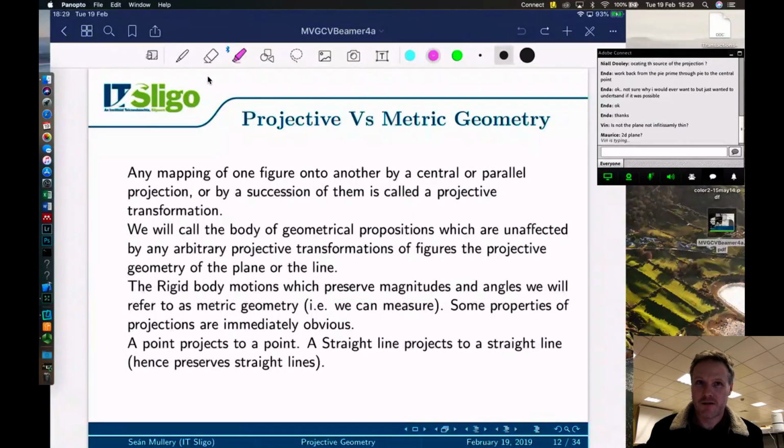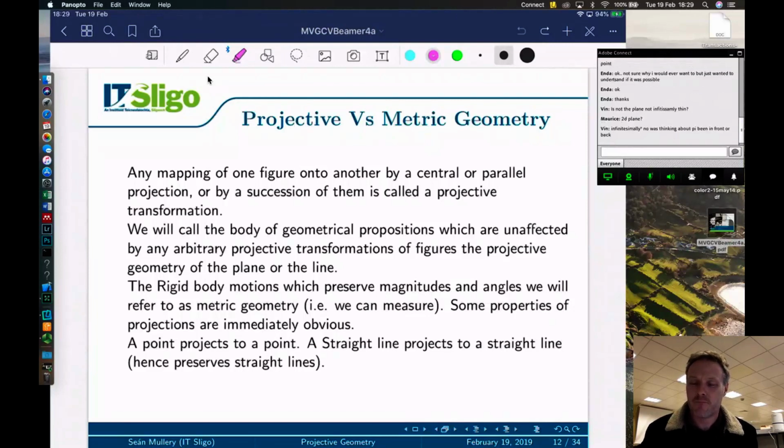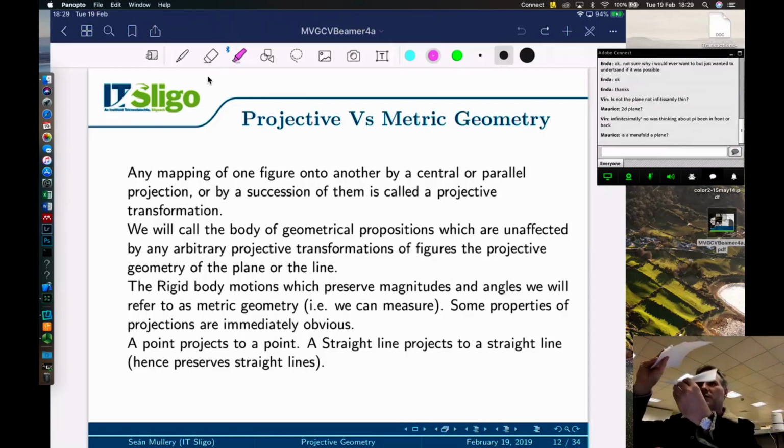We can think of them as 2D planes within a 3D world. So let's say, for example, that I'm calling this one pi and this one pi prime. They're infinitely thin, but I can move their positions. That's not a problem.